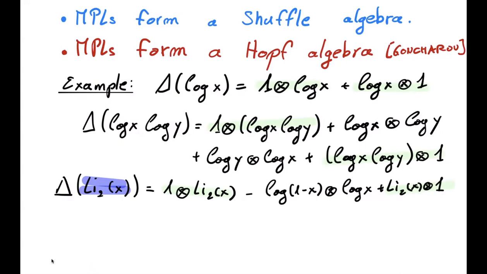But for the dilogarithm, there's also now a non-trivial piece where I break the dilogarithm into a pair of two logarithms. Why these two? For that you need to go to the general theory. If you want the details, I suggest that you look at one of the other lectures, where some details about this are given. Otherwise, you can just take it as a fact.